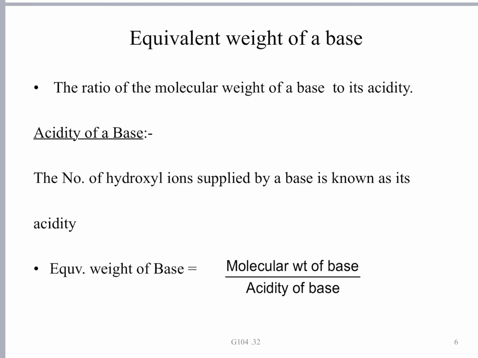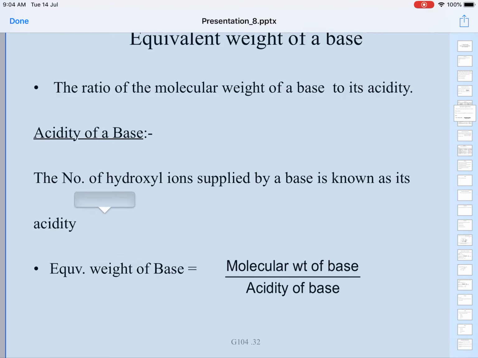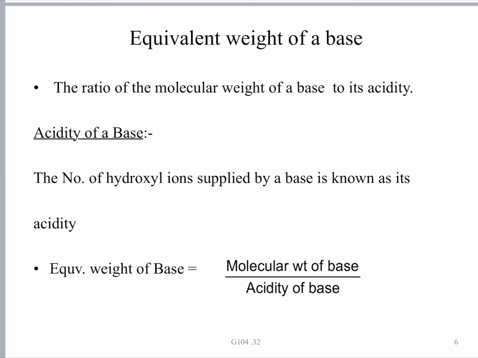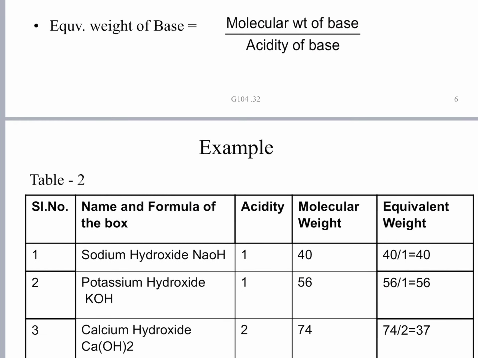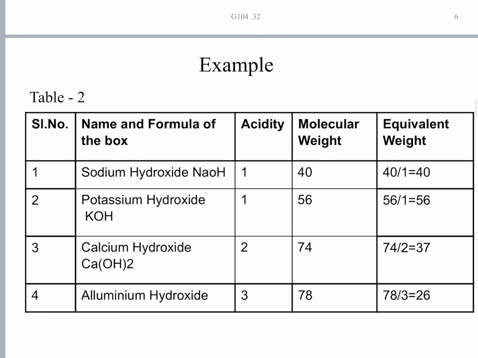So we can substitute these values: divide the molecular weight of a given base by its acidity, and you will get the equivalent weight of that base. Let us see a few problems. Sodium hydroxide, NaOH, ionizes as Na plus plus OH minus, so it gives only one hydroxyl ion per molecule.